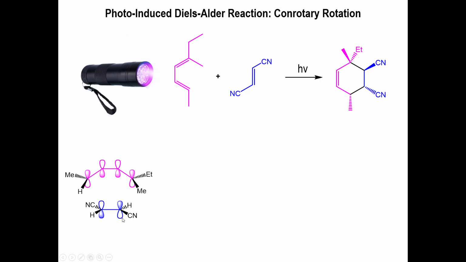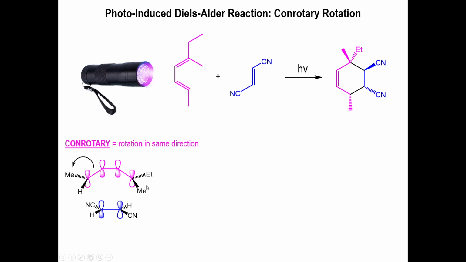So what you should realize is that now the orbital on the left for the dienophile is unshaded on the top. So that means that we need to rotate this left side of the molecule on the diene to the left, because that will bring the unshaded portion closer to the dienophile. On the other hand, the orbital on top on the dienophile is shaded, so we do not want to rotate this clockwise.